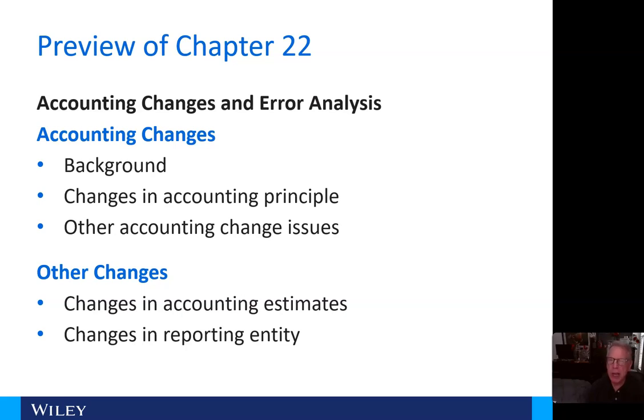As we preview Chapter 22, here we're going to take a look at accounting changes: 1. Background. 2. Changes in accounting principle. 3. Other accounting change issues. And then under other changes, 1. We'll have changes in accounting estimates, and 2. Changes in reporting entity.